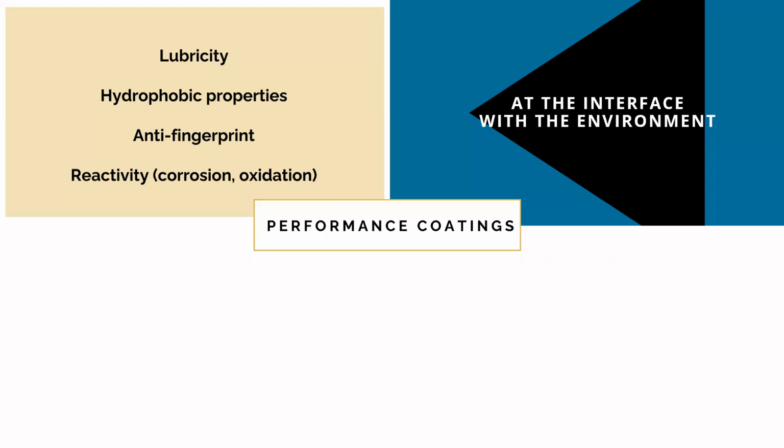Anti-fingerprint, so if the cosmetic appearance is really important, you don't want fingerprints to show up. There are some coatings that help with that kind of property. Reactivity as well: corrosion, oxidation, any reaction that might happen with the environment, be that air or a solvent, a liquid. Those are all things that happen at the very interface between the coating and the environment.